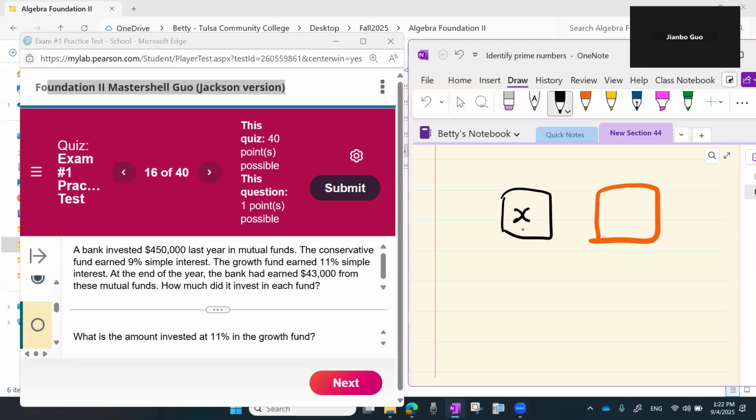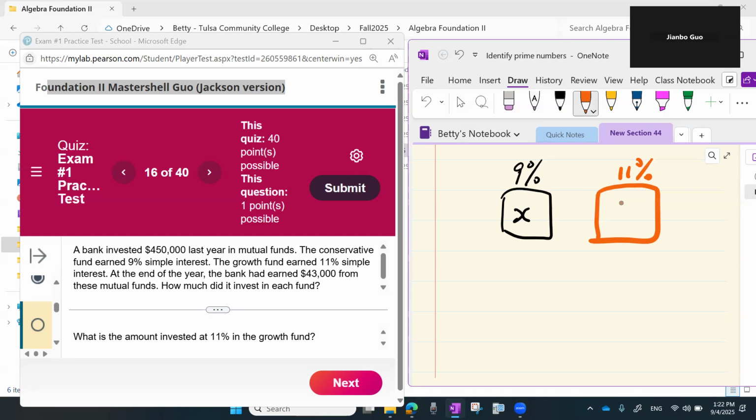The interest rate is 9%, so I'm gonna write a simple interest rate on top of the box. That's the first account, conservative fund. The second one, I use different color, is the red one. It's gonna represent the growth fund, 11% simple interest. And inside the box, we have the dollar amount that is invested in the box.